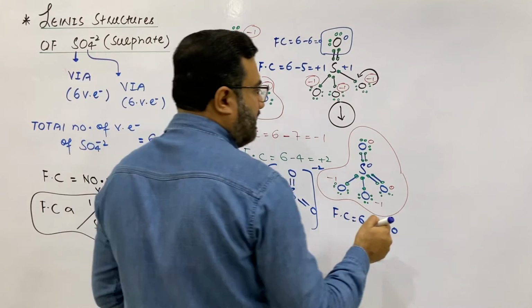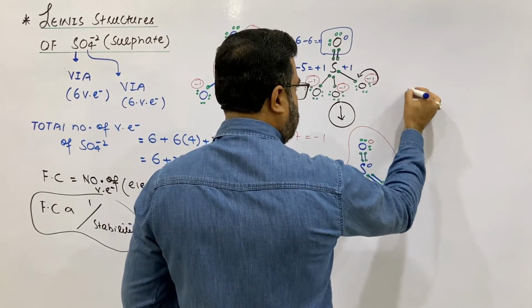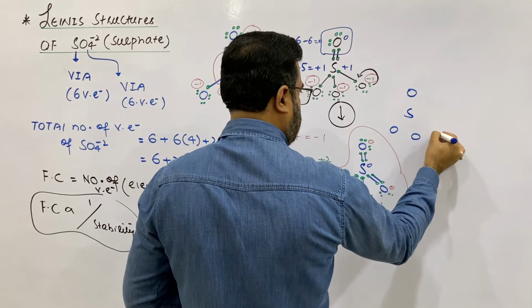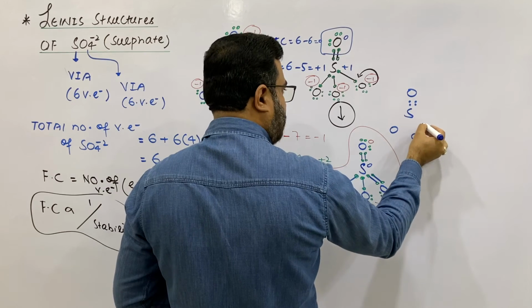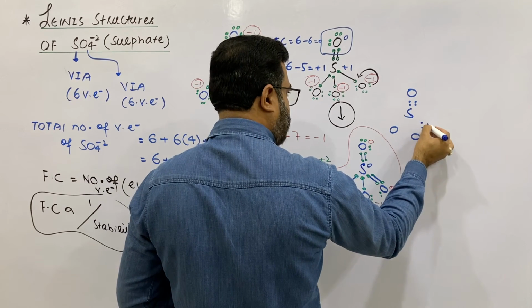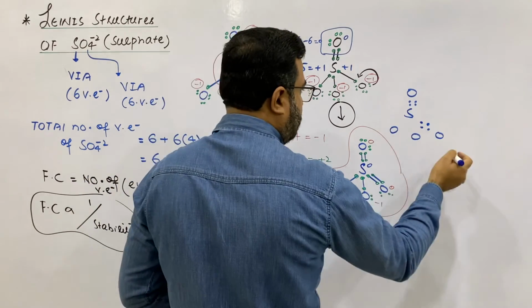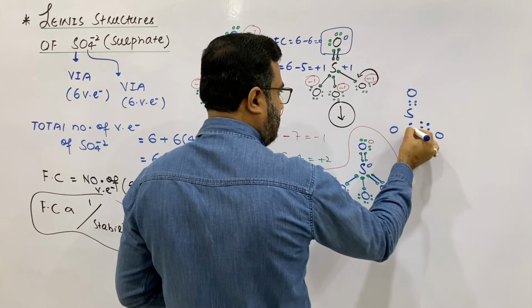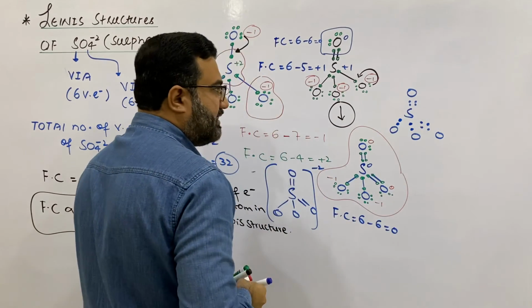And if you would like to write down just its dot structure, SO4, you will write down 4 electrons here. Similarly, 4 electrons between this oxygen and sulfur to show the double bond. 2 electrons here. Similarly, 2 electrons here.